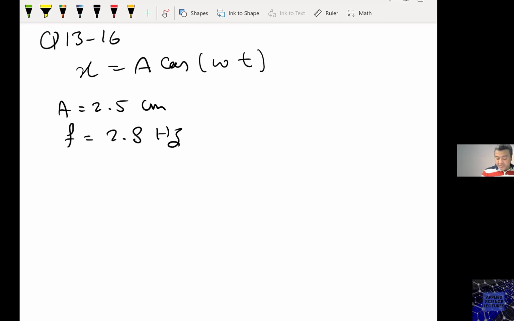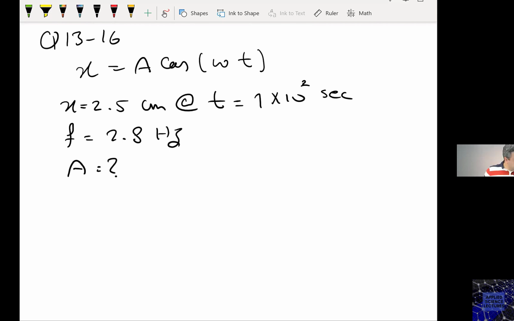So this is not the amplitude. This is x equals 2.5 at t equals 1 × 10⁻² seconds. We need to find the amplitude. So here, this is the function.